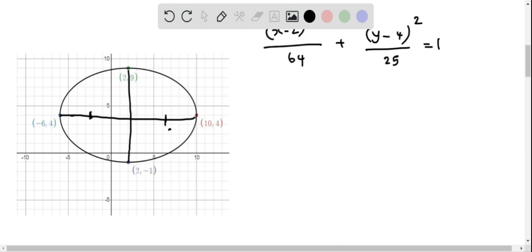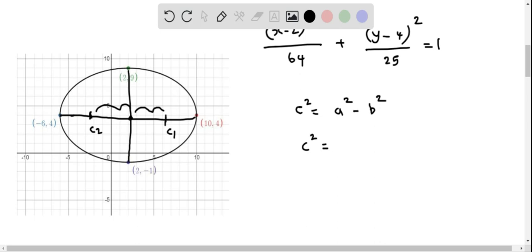So there are two foci. Let's consider C1 and C2 are the foci, and this is the center of the ellipse. So it is at a distance of c units and c units from here. So therefore, we have to calculate the foci using the formula c squared equals a squared minus b squared.